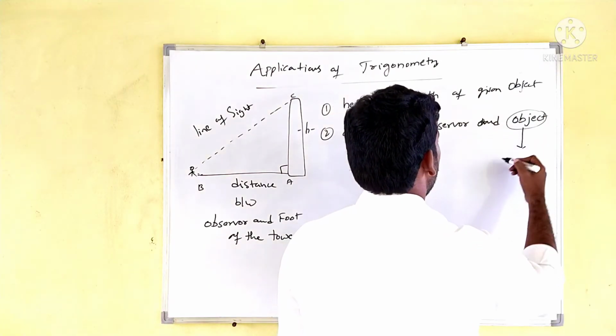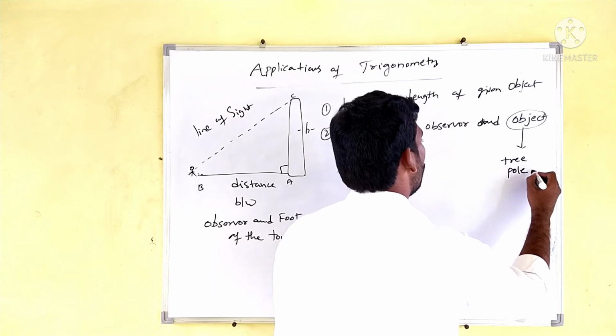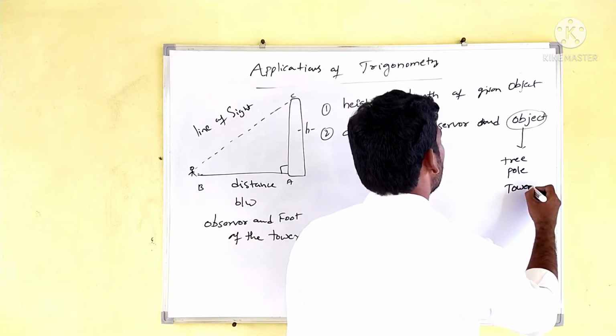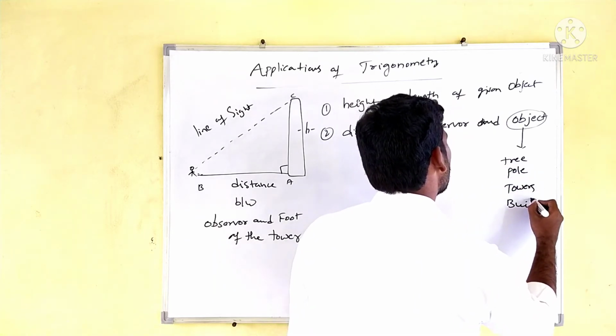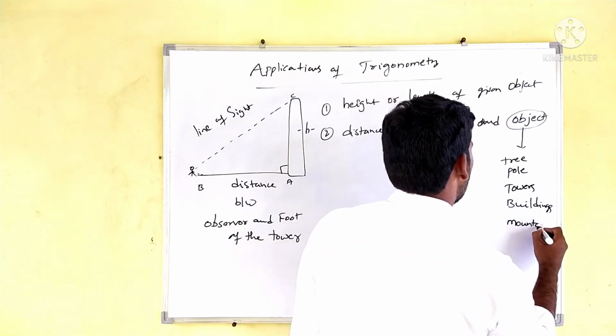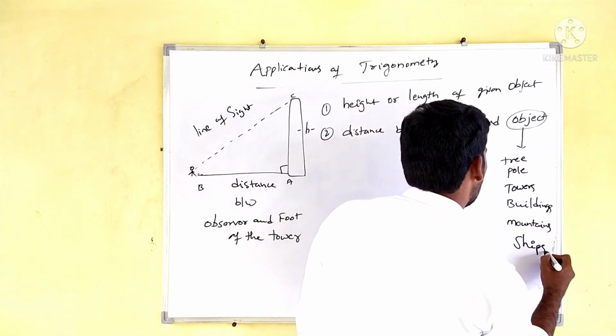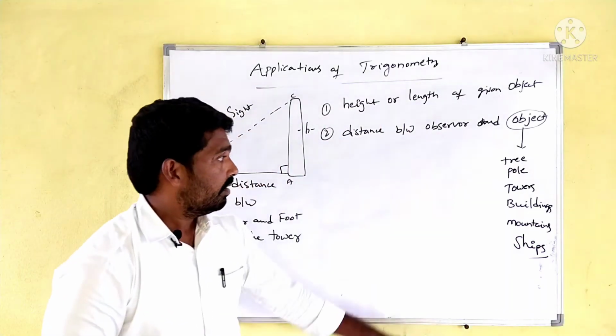So the object is either a tree, electrical pole, cell tower, building, mountain or ship.